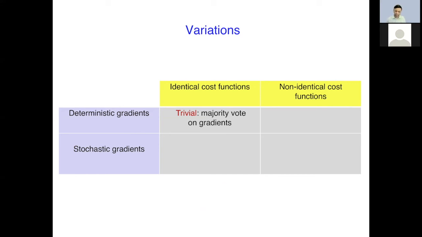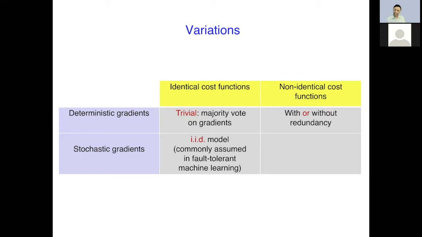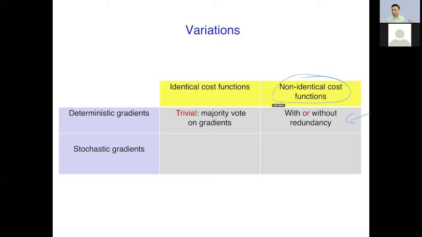The problem becomes interesting for the identical cost functions if the gradients are stochastic. So even if the functions are all identical, the gradients supplied by the agents may not be identical because they are stochastic gradients. Actually, what I just realized is I skipped over this box, so let's talk about this first. In the setting where we're supplying deterministic gradients, if the functions are non-identical, then we have seen that the problem is not trivial, right?